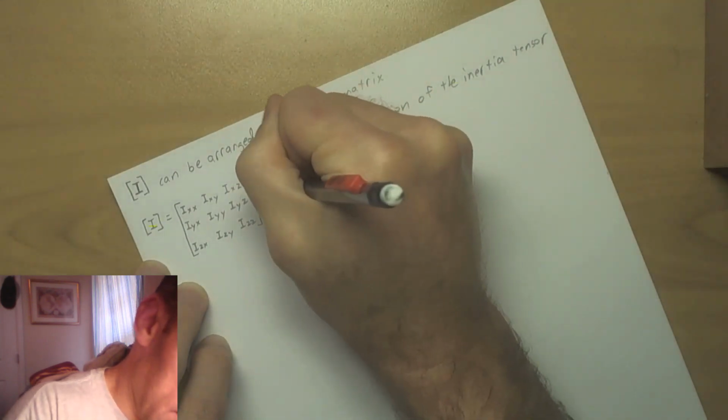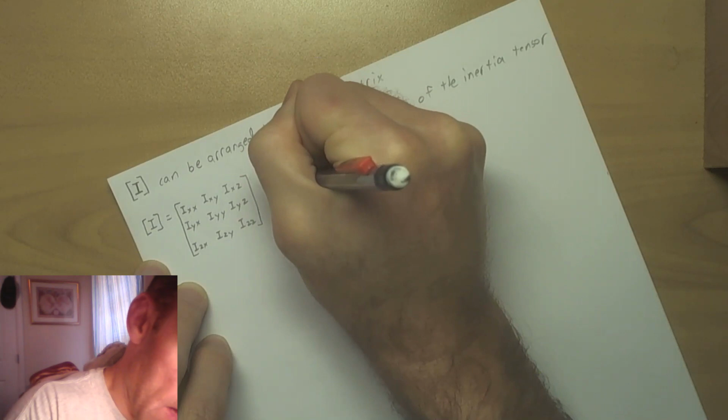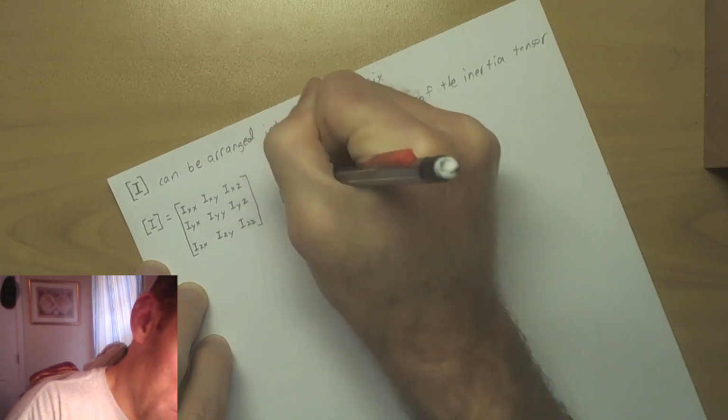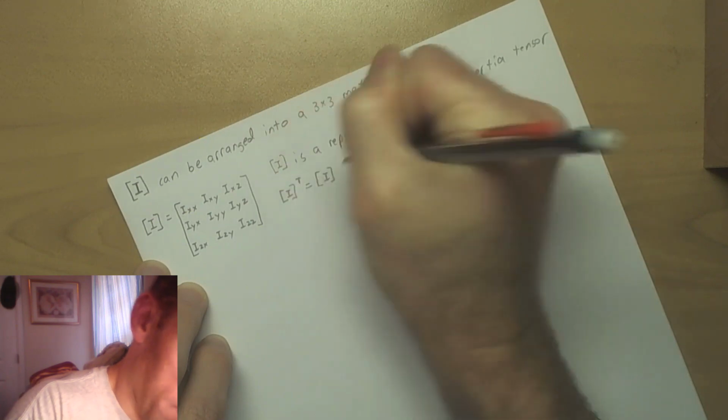And it has this property that the transpose is equal to itself, right?